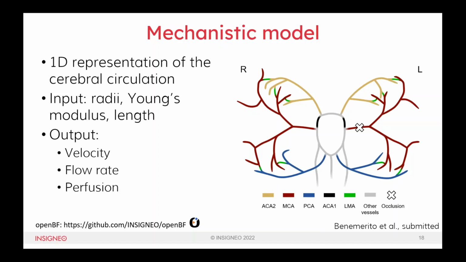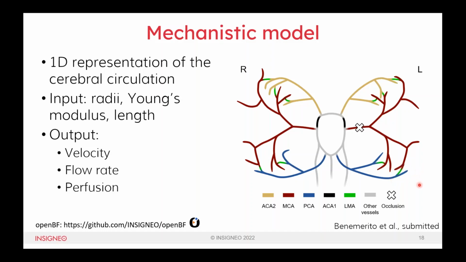Okay, so the mechanistic part involves the development of a one-dimensional model of the brain circulation, which contains the main arteries of the brain, these ones in red, blue, and yellow. And it also includes the leptomeningeal anastomoses, which are these small vessels here in green.